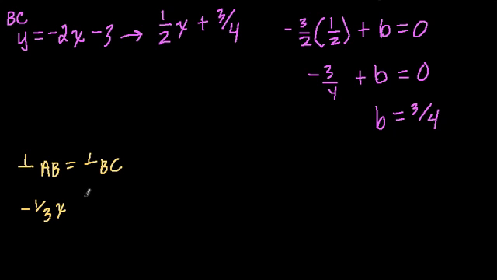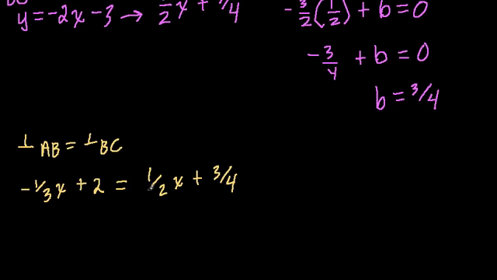So here's the perpendicular bisector of AB, negative 1/3 x plus 2. And that equals what? Well, BC was 1/2 x plus 3/4. So now we just solve for x, and that'll give us the x value of where these lines meet.